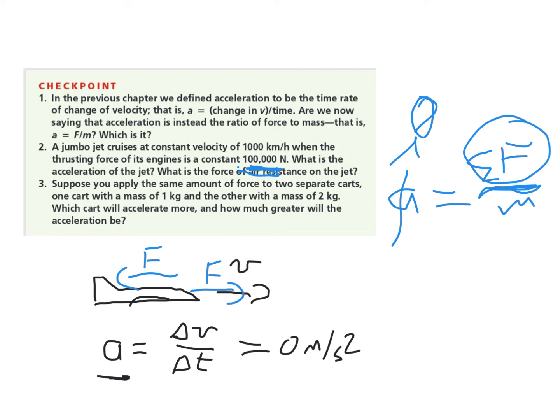Well, again, we know that a is equal to F over m, and so if one cart is 1 kilogram and the other cart is 2 kilograms, the one that's 2 kilograms is going to be dividing by a bigger mass. And that means that that acceleration will be smaller. How much? By 2. Because if I'm dividing by 1 and I'm compared to dividing by 2, the answer of the second one will be half the answer of the first one.